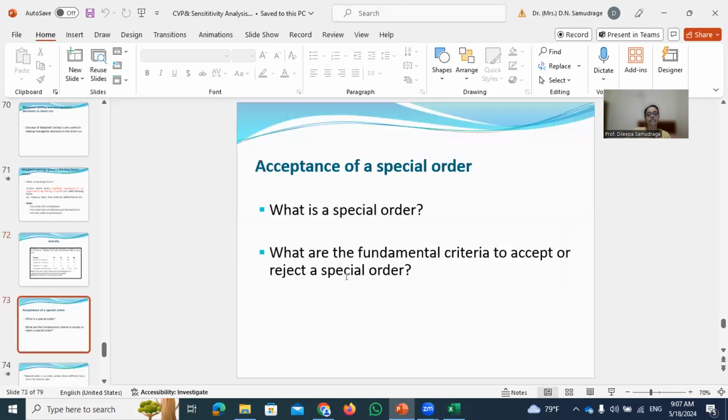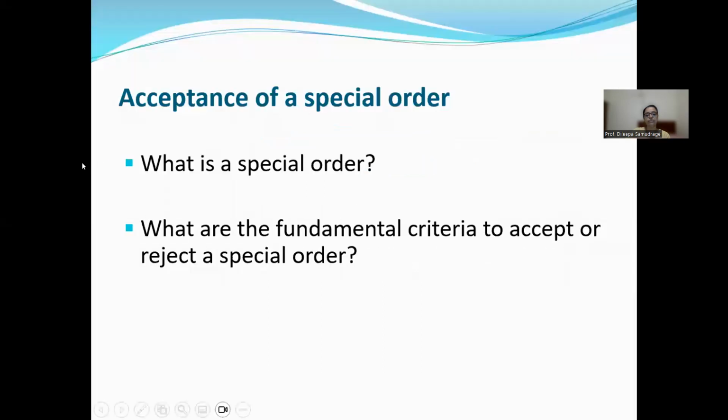So the next one is acceptance of a special order. First you should know what a special order is. For example, you have a business, that is your normal business, and you are manufacturing a product under normal conditions.